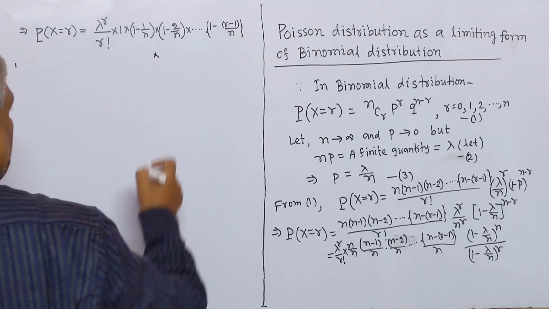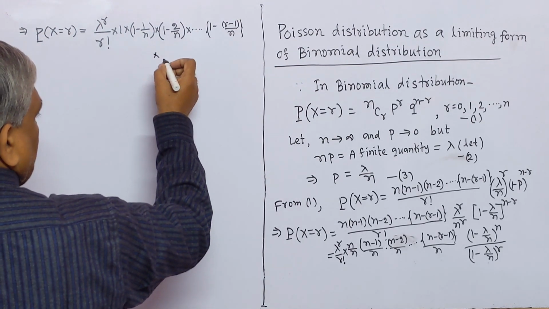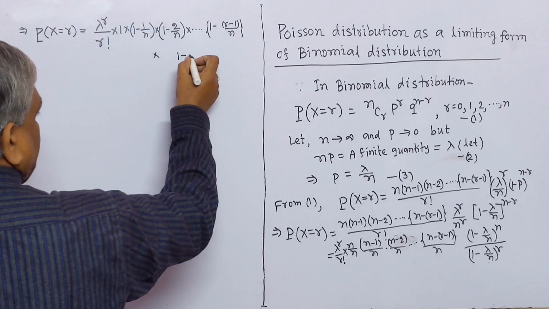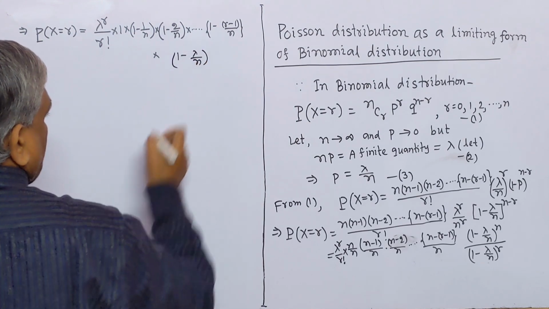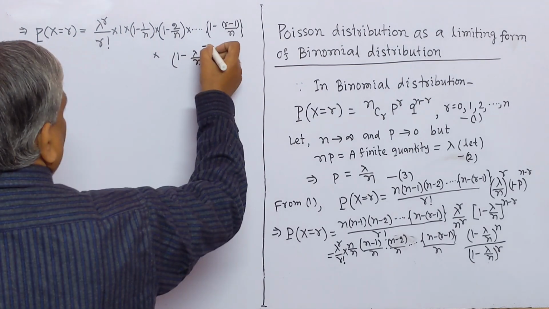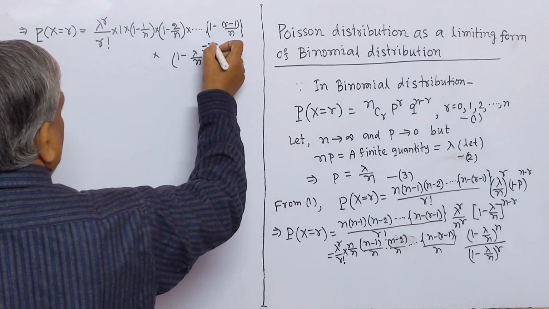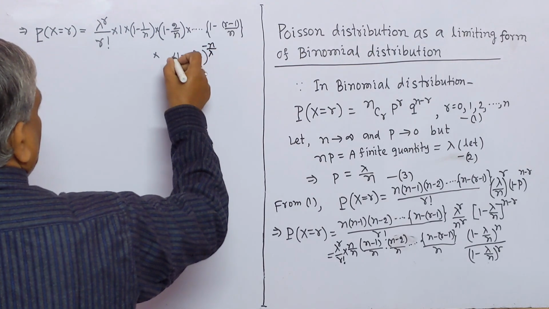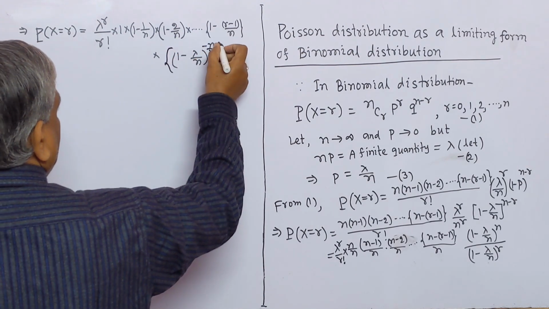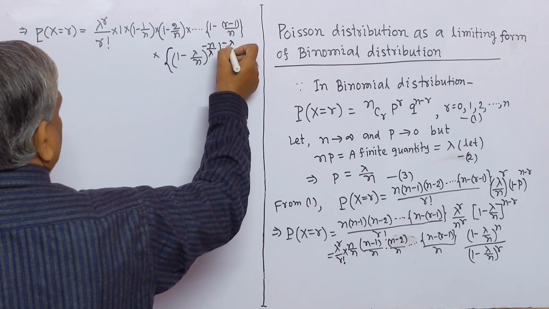Multiplied by, we may write this as, 1 minus lambda by n to the power minus n by lambda, to the power minus lambda.